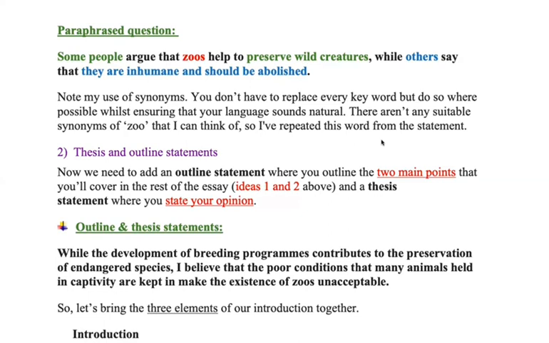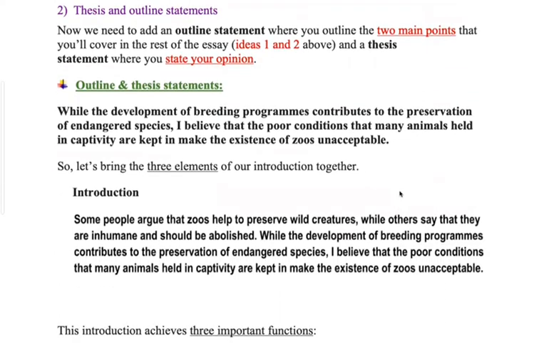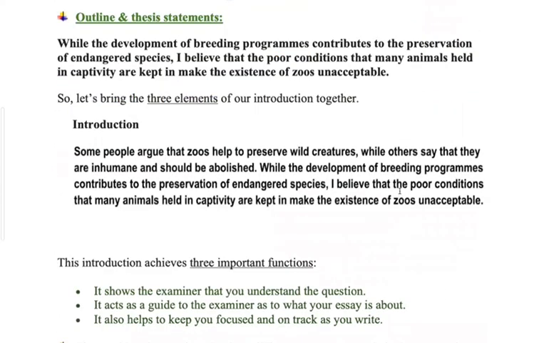Now we understand what he wants to say, but we need more information about what he means here. So let's bring three elements of our introduction together. Our introduction: some people argue that zoos help to preserve wild creatures, while others say that they are inhumane and should be abolished.